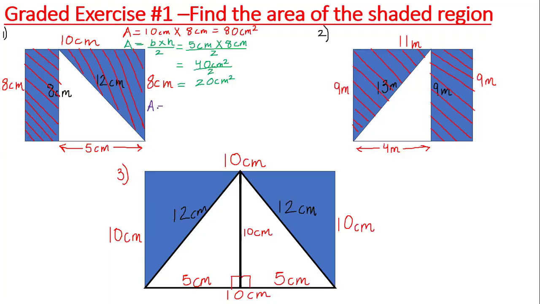So the area of the shaded region is equal to 80 centimeters squared minus 20 centimeters squared. So area is equal to what? 60 centimeters squared. Very good, 60 centimeters squared.